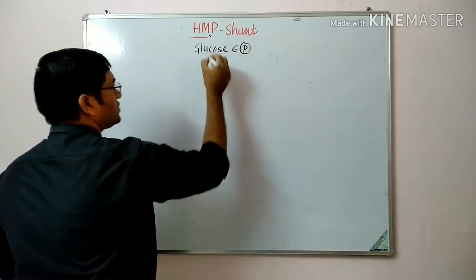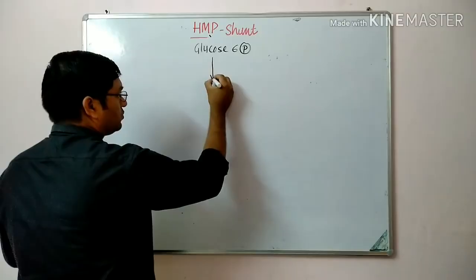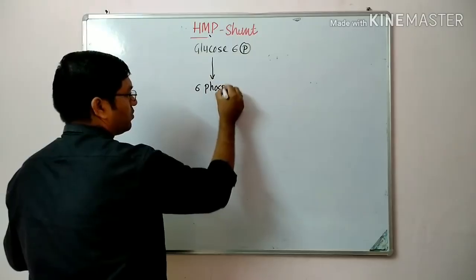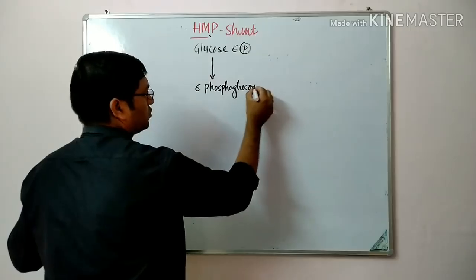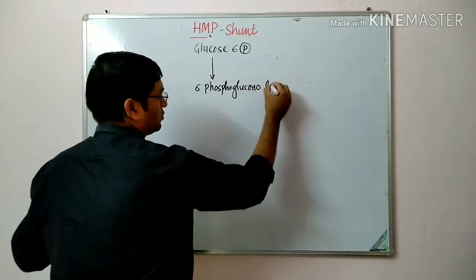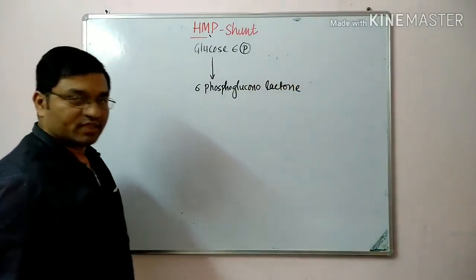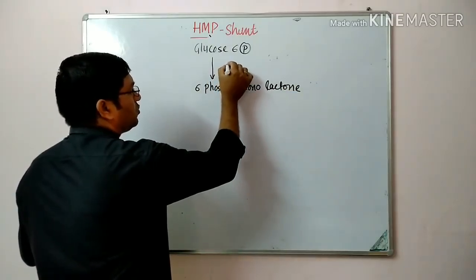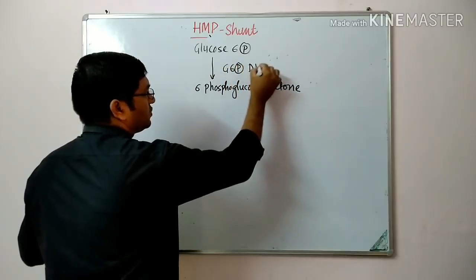So glucose 6-phosphate is converted into 6-phosphogluconolactone. This is a rate limiting step in this pathway. It is by the enzyme glucose 6-phosphate dehydrogenase.